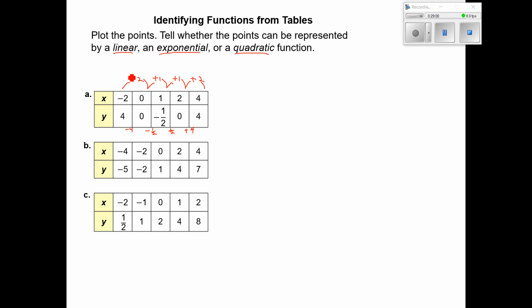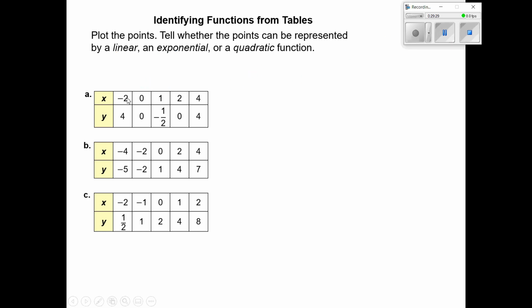We got 4 and 1/2, okay? And that's an increase of like 3.5, right? And then you've got 2 over that.